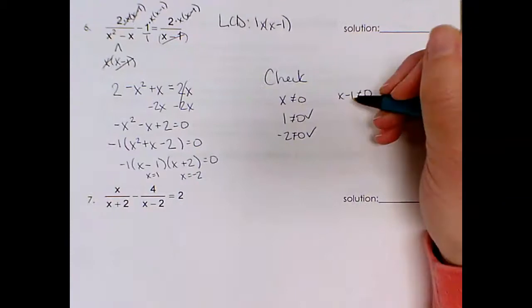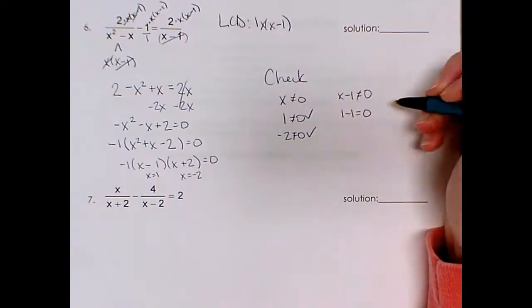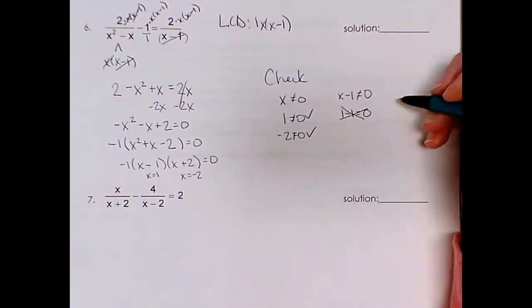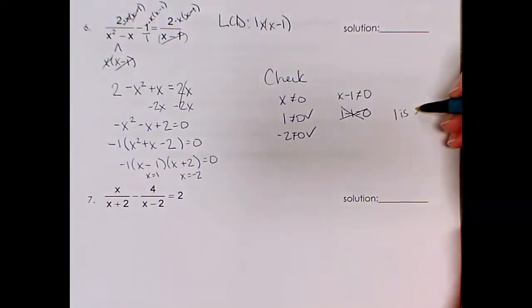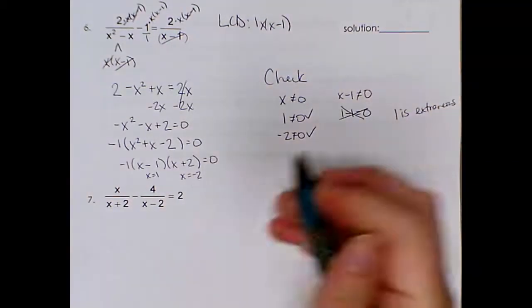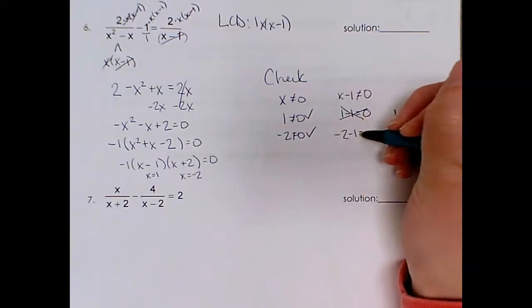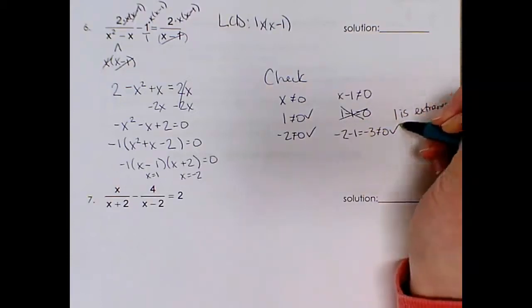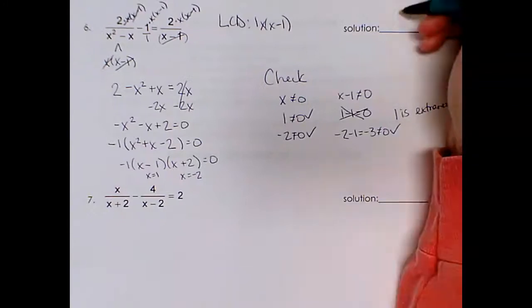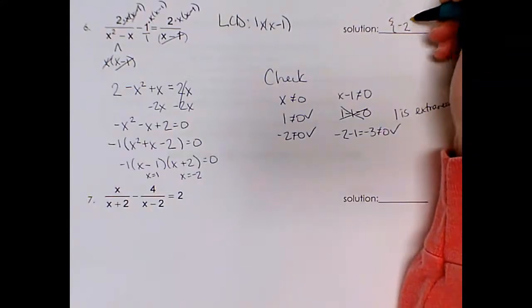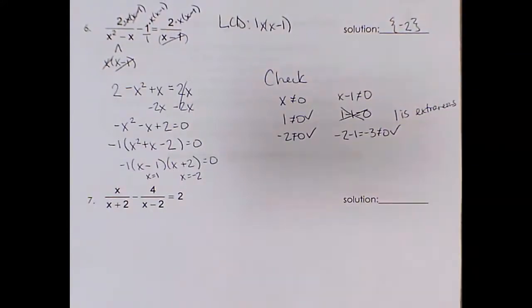If x is 1 here, 1 minus 1 is 0. That's not okay. So 1 is extraneous. And if x is negative 2, that's okay. So the only solution that I should be writing is the negative 2, because the 1 was extraneous. So pause your video, work on 7 and 8, and then check back for the work.